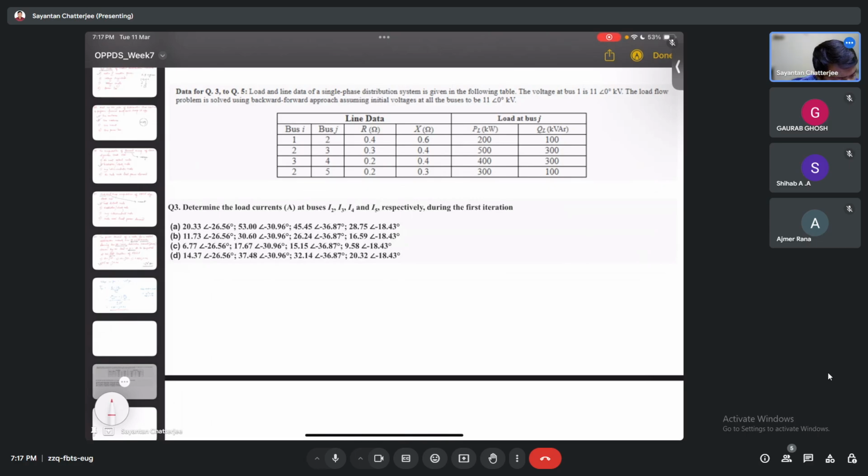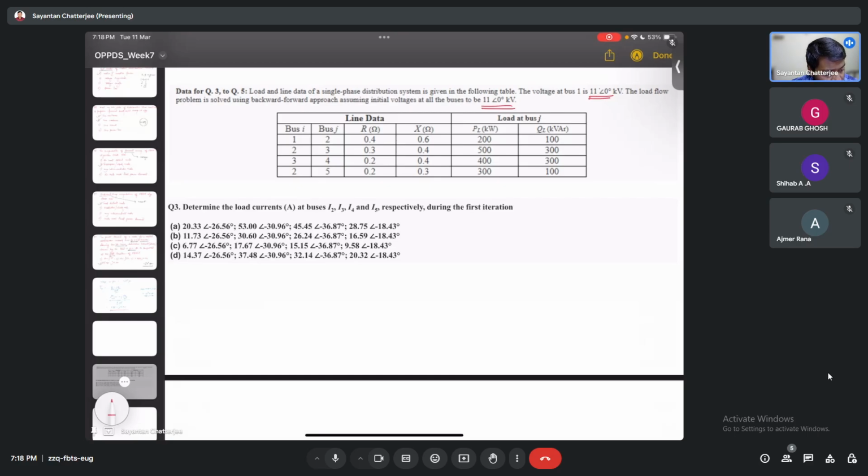So the load and line data is given. These are the line data. This is the load data of a single phase distribution system. The voltage at bus 1 is 11 angle 0 degree kV. And the load flow problem is solved using the backward forward sweep, assuming initial voltages of the buses to be 11 angle 0 kV.